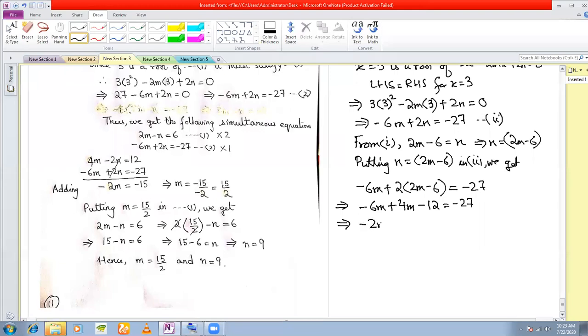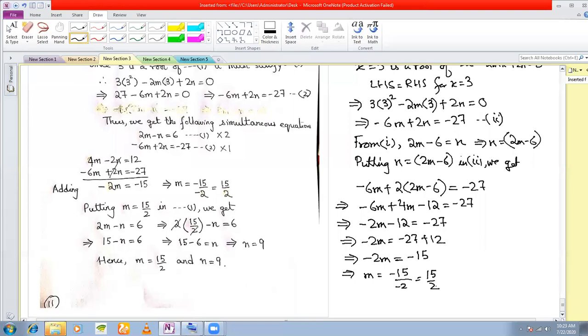Means minus 2m minus 12 is equal to minus 27. So minus 2m is equal to minus 27 plus 12, and minus 2m is equal to minus 15. That means m is equal to minus 15 by minus 2, which is 15 by 2.